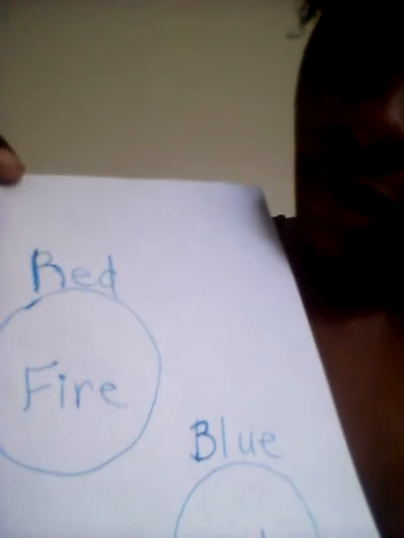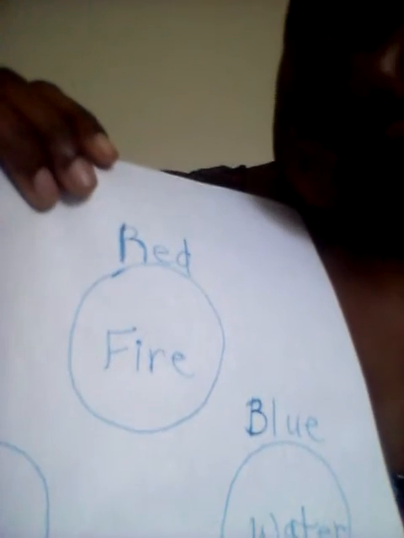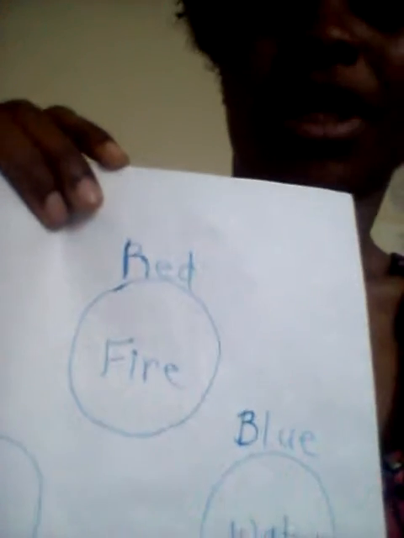The scent on there is cinnamon, so I could use a red candle, and if I can't find a red candle, then I will use a red scented candle, either cinnamon or cherry.